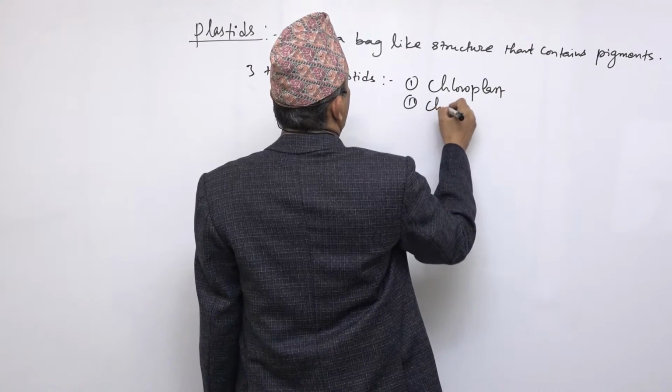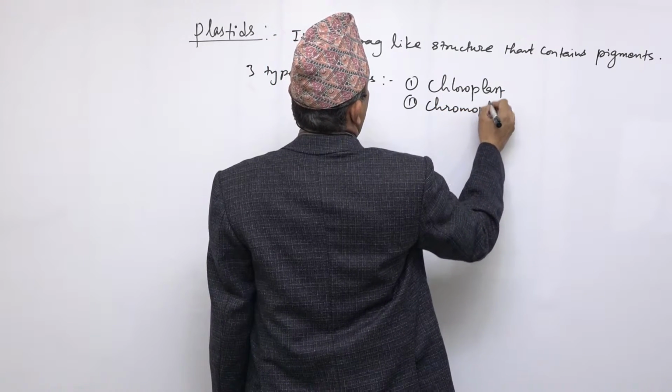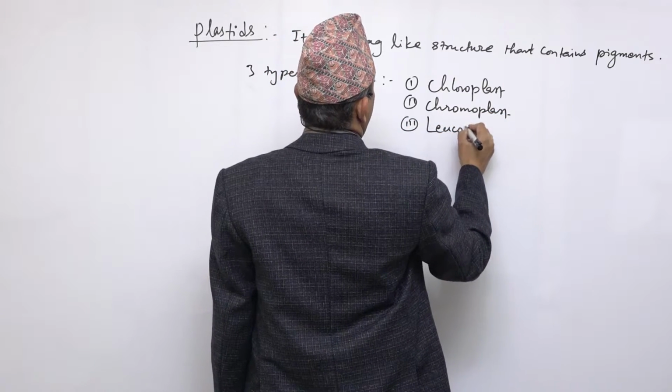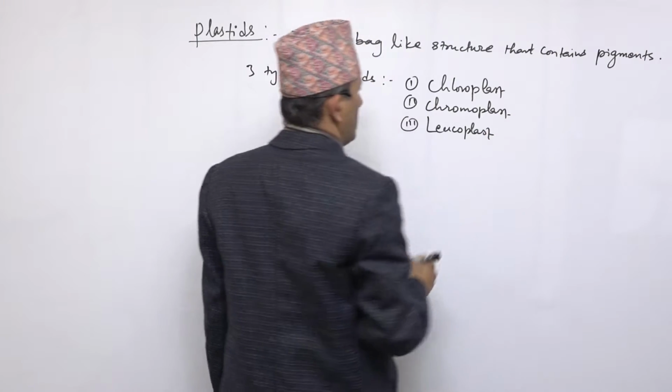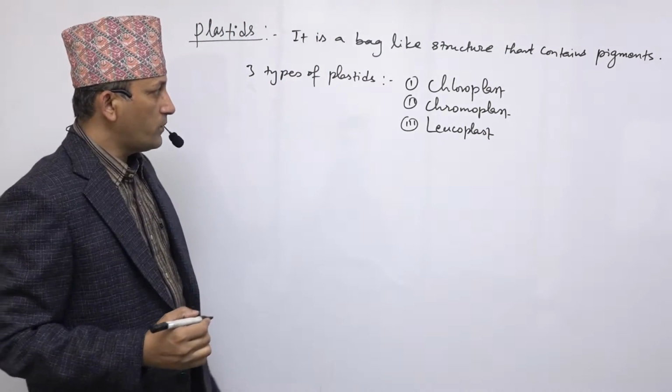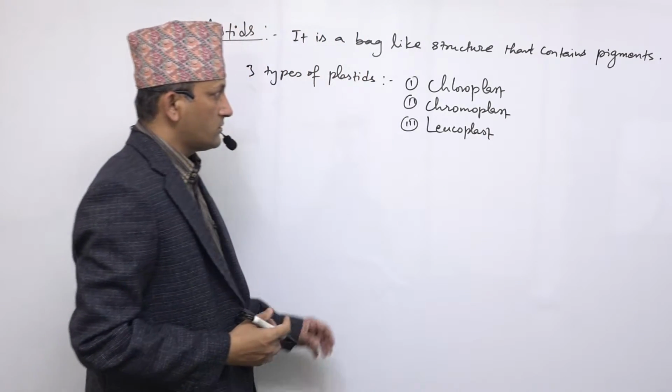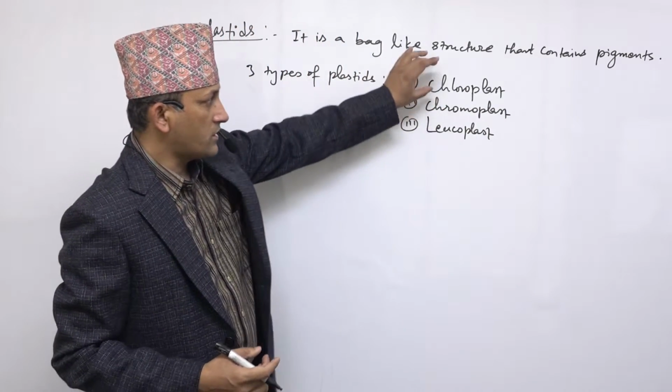Next, chromoplast, and the third one is leucoplast. In this way, there are three types of plastids: chloroplast, chromoplast, and leucoplast. So let's go into details, starting from the chloroplast.